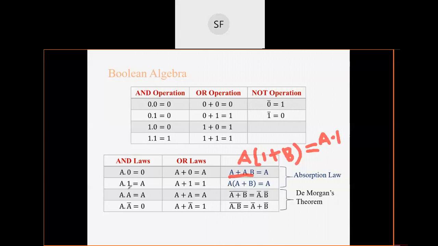Now A dot 1 is nothing but equal to A. In this way you can verify and remember all these very basic things. There are many, but they won't be needed in this discussion. So just go through it, and if you are having any problem or doubt regarding this, then you can ask.